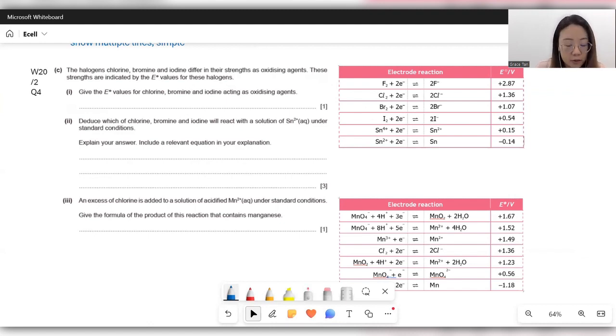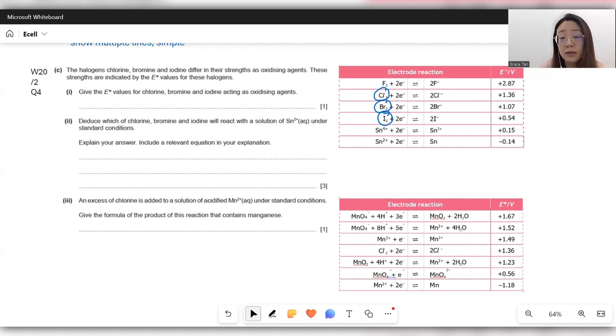I extracted out the fluorine, chlorine, bromine, and iodine. So where shall we put our attention? As you can see here, you wanted the chlorine, bromine, and iodine, not chloride, bromide, iodide. Be very careful.